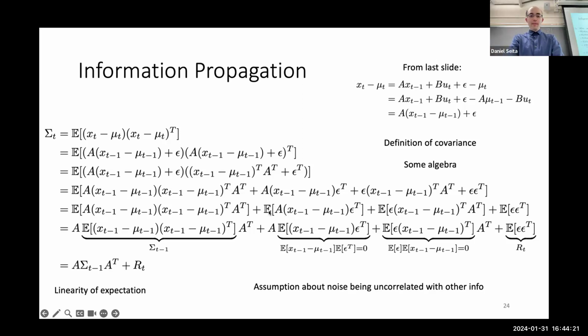With this, remember that we can pull out the A, and then we get x_{t-1} minus mu_{t-1} times epsilon transpose. If it's uncorrelated, you can pull it out. I think you had that in one of your homework questions, so hopefully that looks a little bit familiar. You can do the same thing here. Whenever you have a zero vector and you multiply it with another vector, it turns into zero.